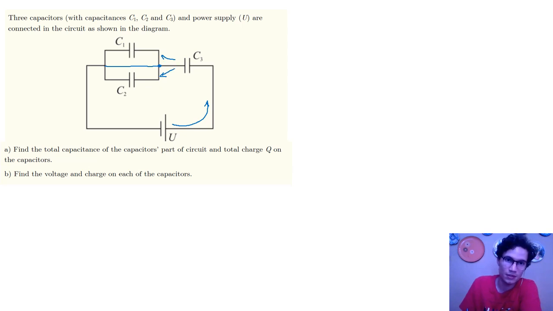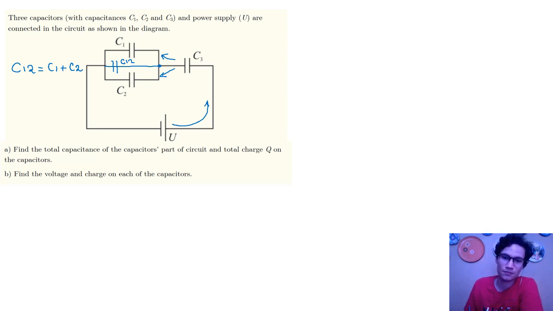And when that happens, the capacitors are in parallel. So we'll have a capacitor here that is equivalent to the other two capacitors. It's called capacitor 1,2, and capacitor 1,2 will be equal to the sum of capacitor 1 plus capacitor 2.